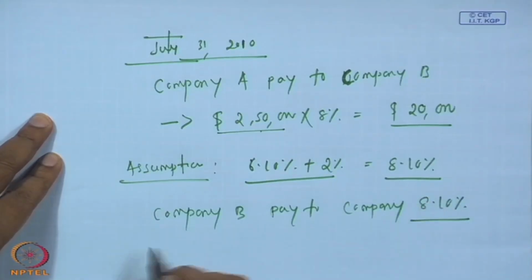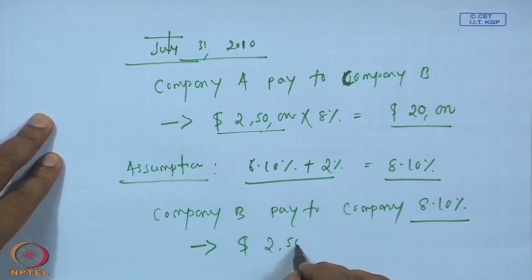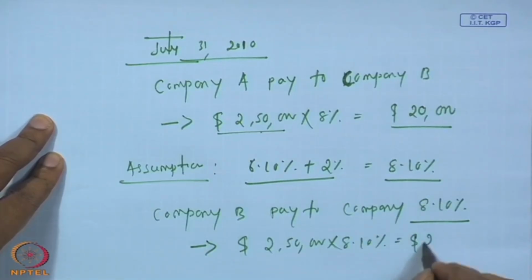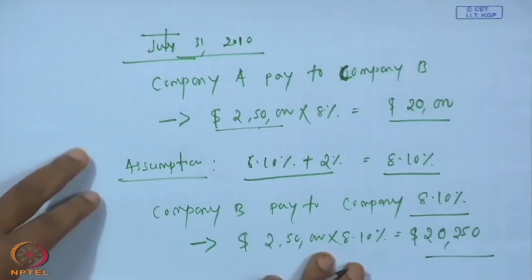How much is he paying? On 2,50,000 at 8.10%, that is $20,250. So, a transaction takes place.